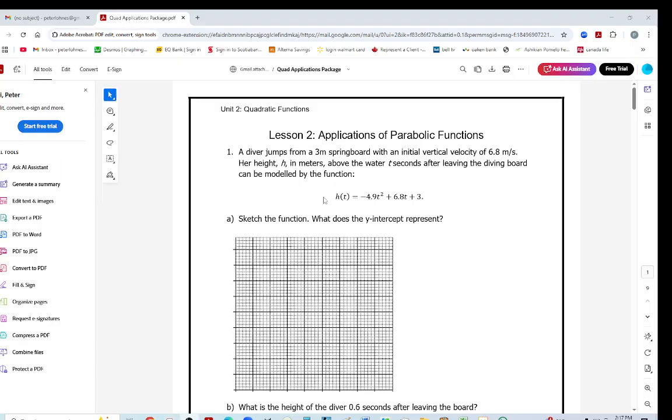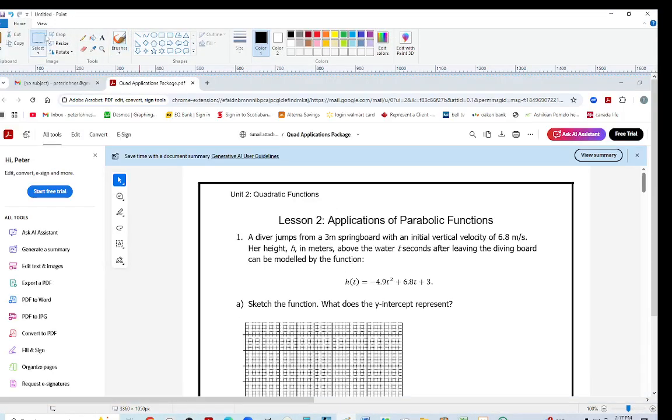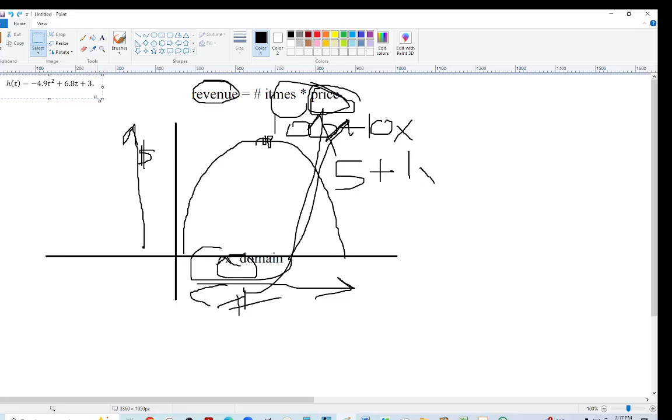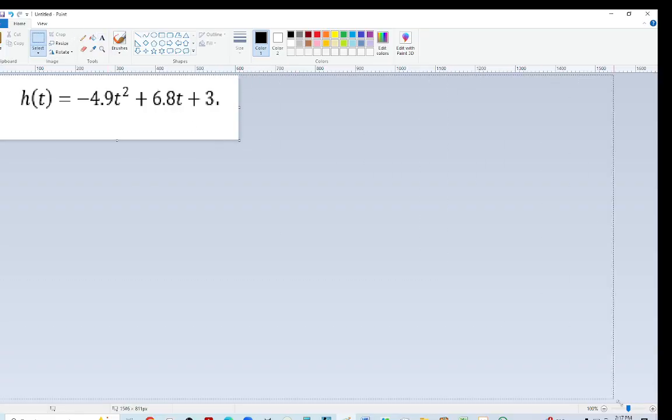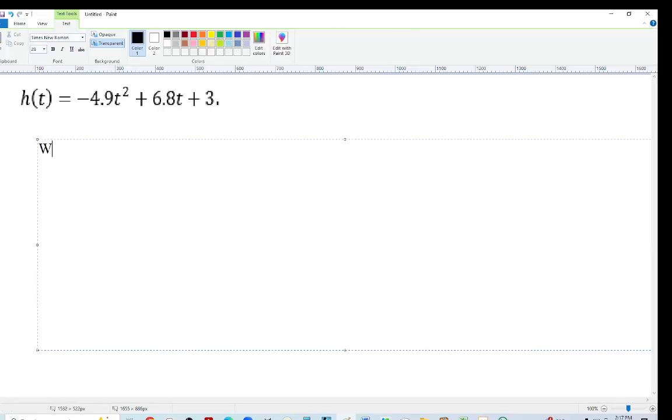So for instance, in this first question, we have a diver, and as I mentioned already, it's height based on time. So the time starts at 0. And some key questions you'll see when someone dives off the board are these, almost always. What was the height before they jumped?